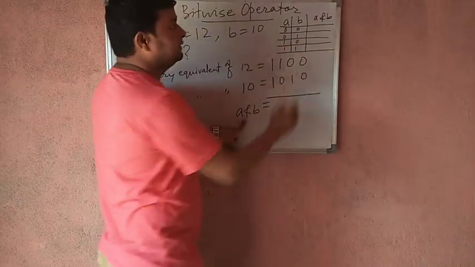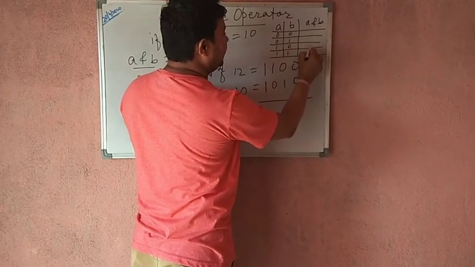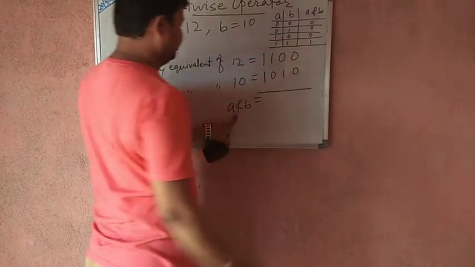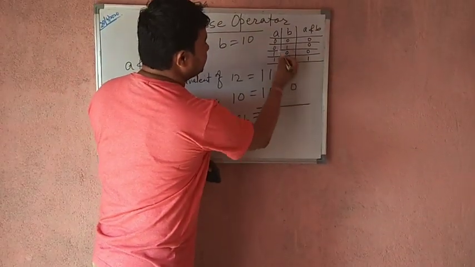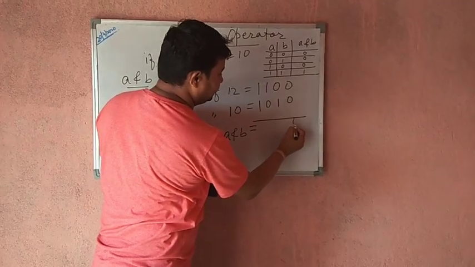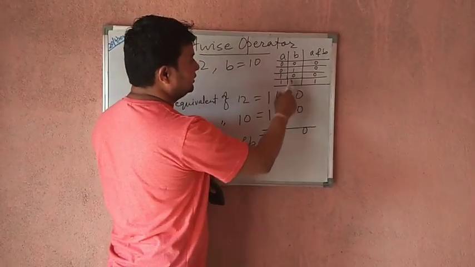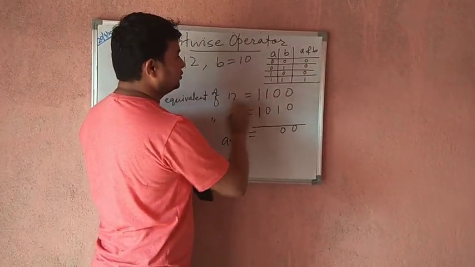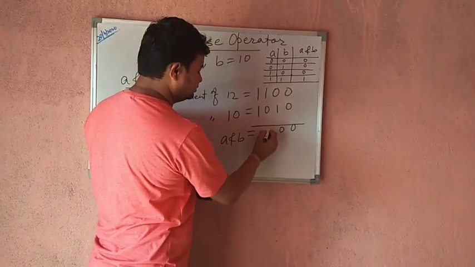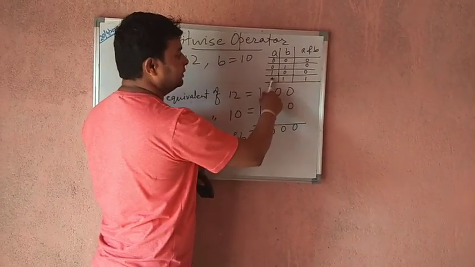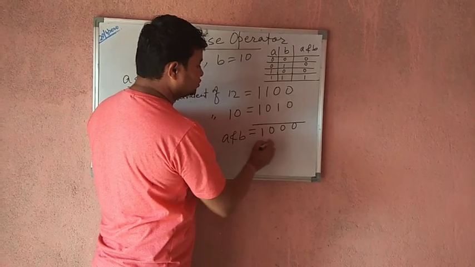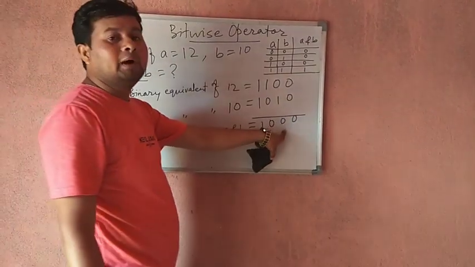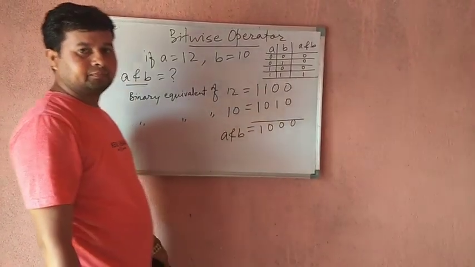This AND says if both are 1 then 1, otherwise 0. So this rule will follow here. 0 0 gives 0. 0 1 gives 0. 1 0 gives 0. 1 1 gives 1. So what will be the binary form of A and B? 1 0 0 0, right?